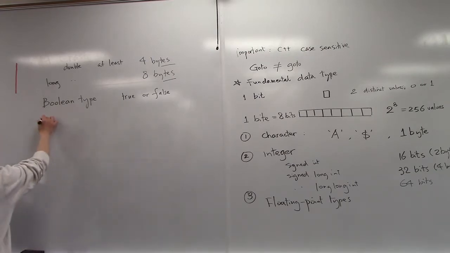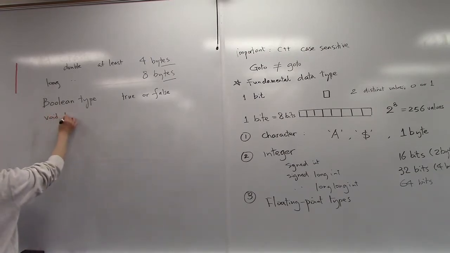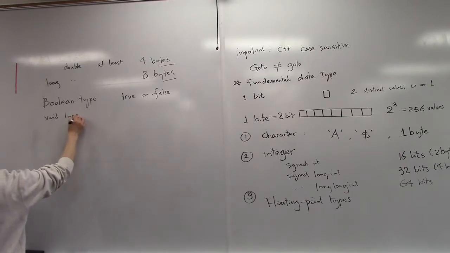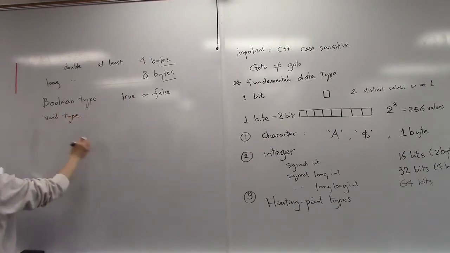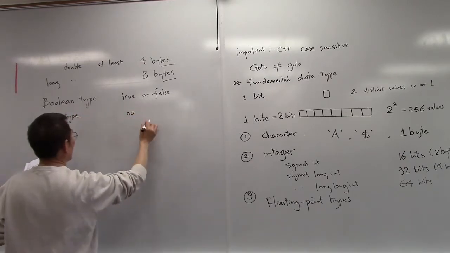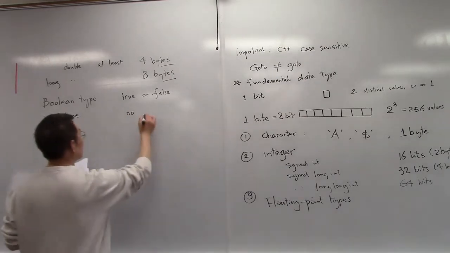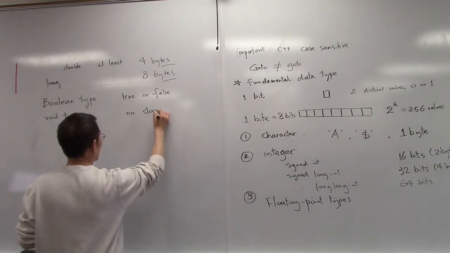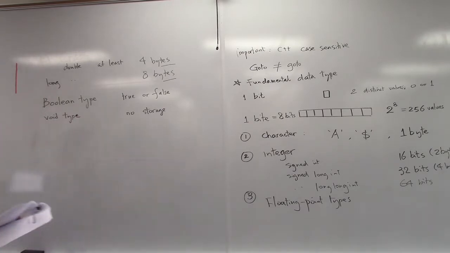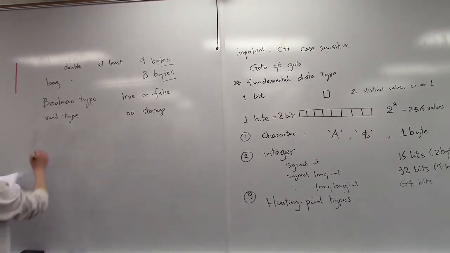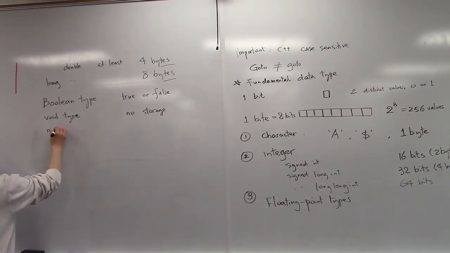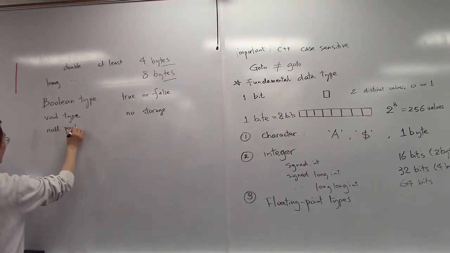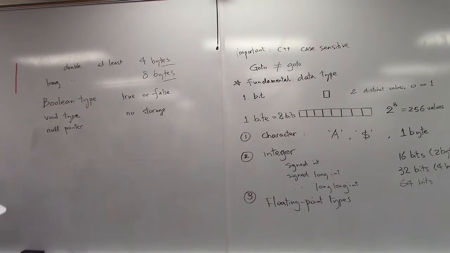And there's also the void type. It means 0 storage space, so no storage. Or you can say it's 0 bit. There's also the null pointer, and again, pointer is something specific for C or C++, so I just mentioned it here.